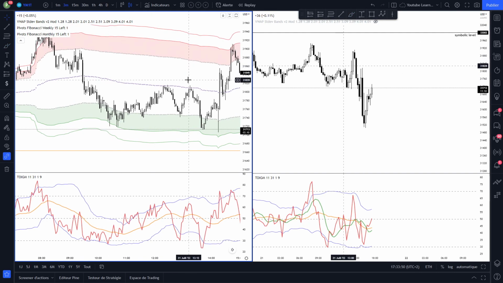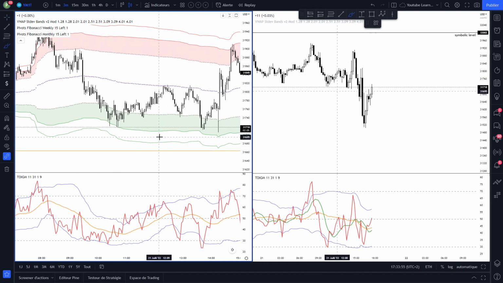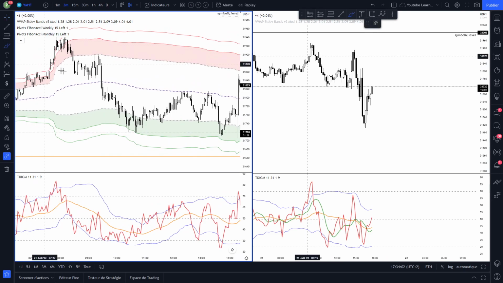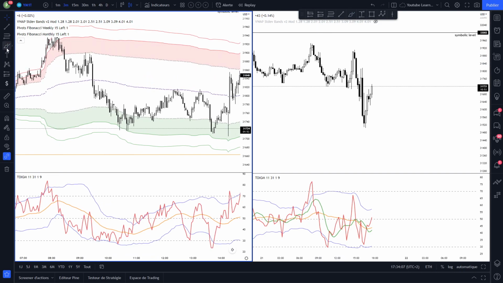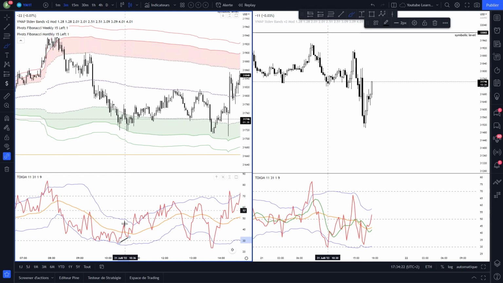I think it's pretty much always like that, except when the market really goes down in a trend, but you have to look at the 15-minute chart, so you don't enter a position that is against the market. So this morning the price came to the cloud, so I could look for long positions, and you see there was this double bottom with the divergence on the Traders Dynamic Index.